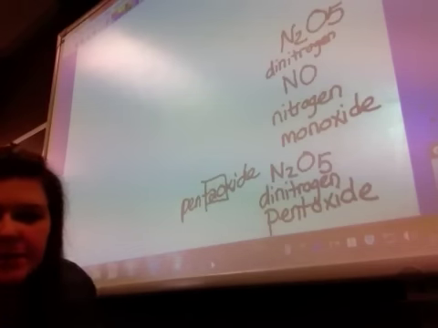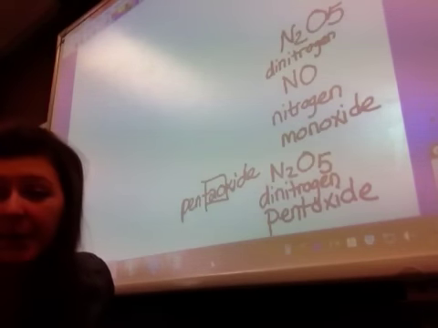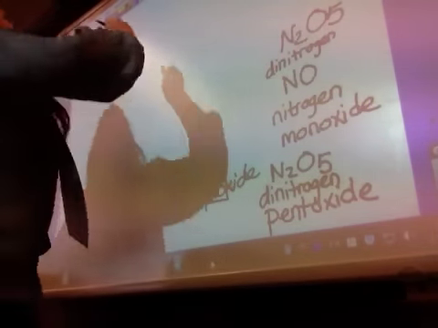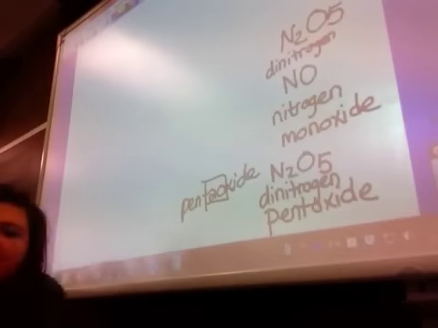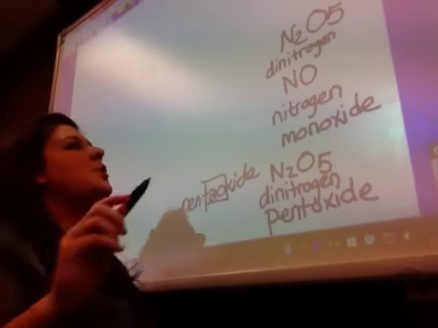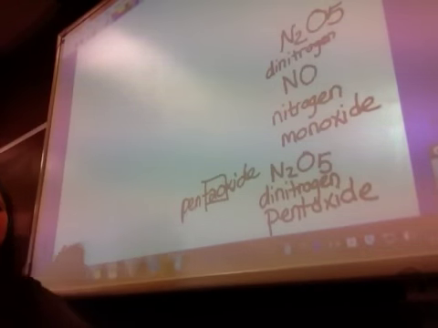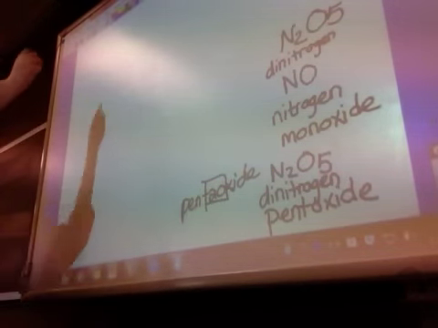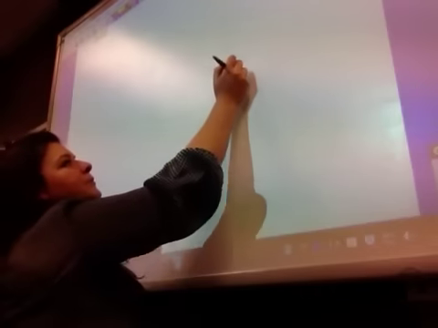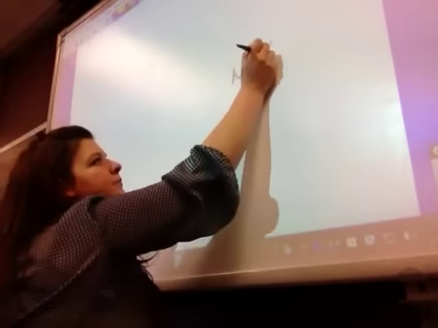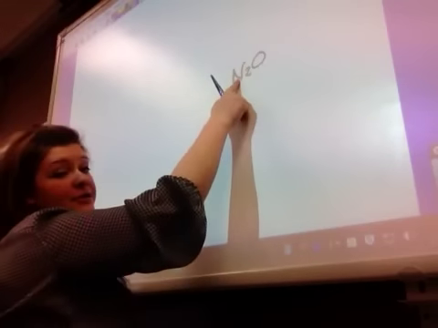Let's do some more practice ones with these. I have some on the back of that paper. So we just did NO. Let's do N2O. If we were to do N2O, that would be 2 nitrogens.